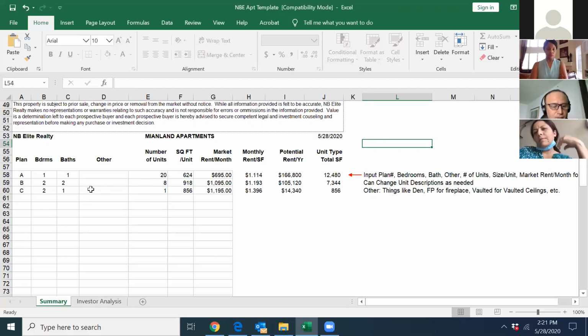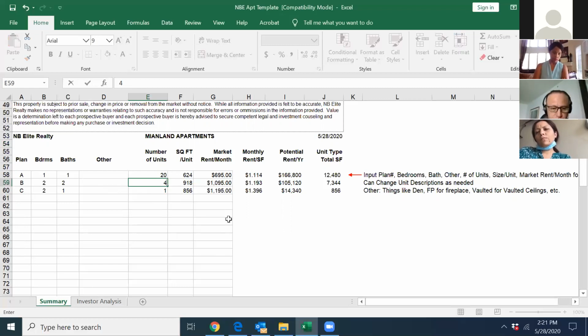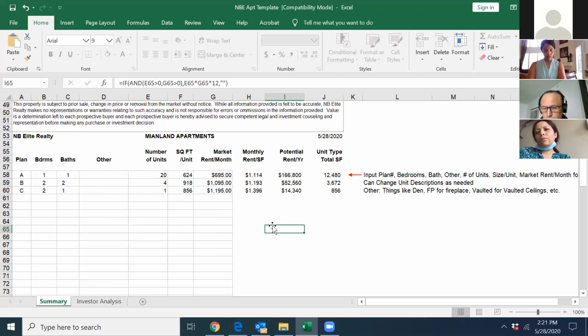Then here we have 4 units. No, we have 4 units, but from 4 units we're going to make 12 rooms. Remember, 12 rooms.